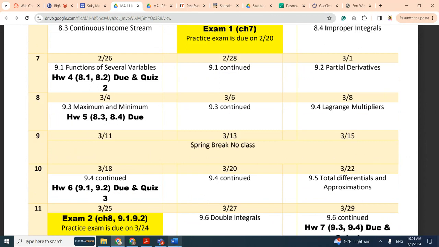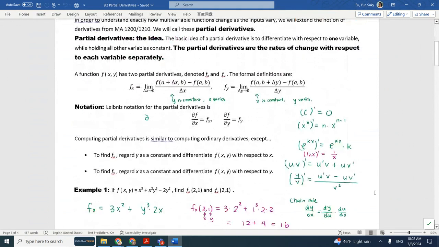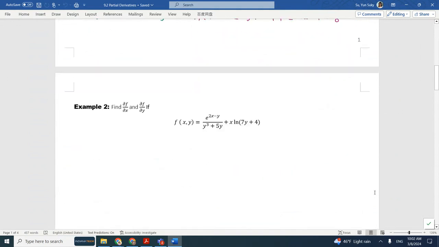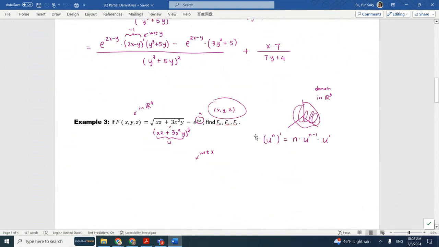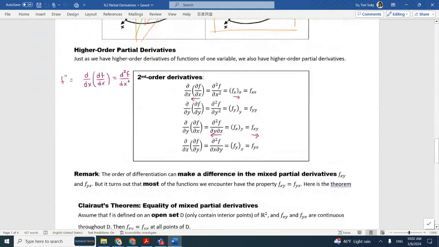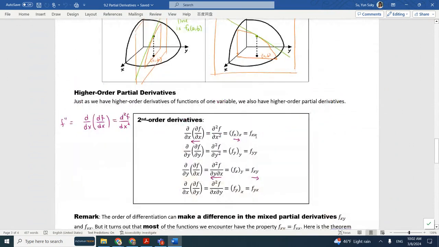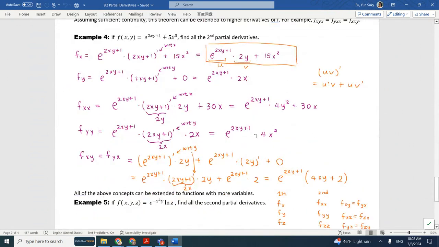Okay, so let's continue. Last time we talked about partial derivatives with respect to x and y. We did this example and we talked about the meaning, and we were on second partial derivatives. Do you still remember?